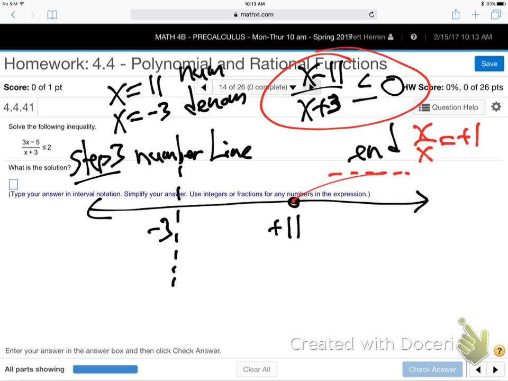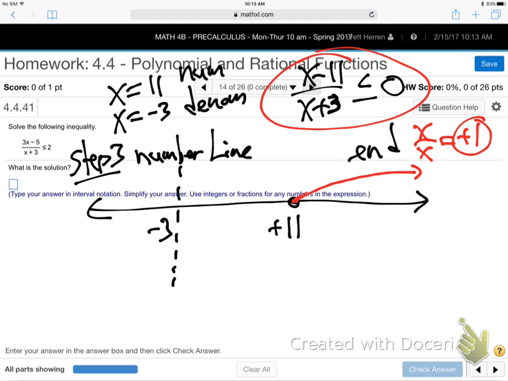All I really care about is whether it's above or below, so all I'm looking for is the sign, which means it's going up.